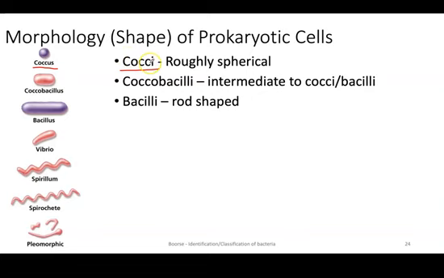So cocci would be more than one. If you had a cluster of bacteria that are roughly round, you'd say, oh, look at all those bacteria, they're cocci in shape. If you had a single bacterium, you'd say, that bacterium is coccus in shape. If you misuse them, singular versus plural, I'm not going to hold it against you, but that's the difference.